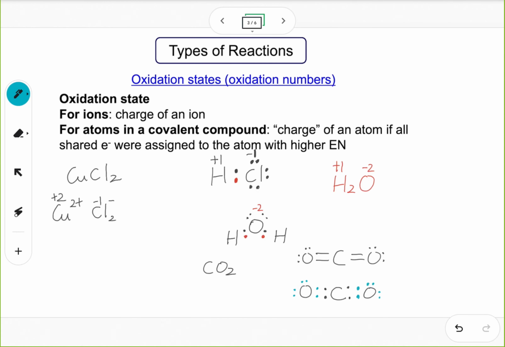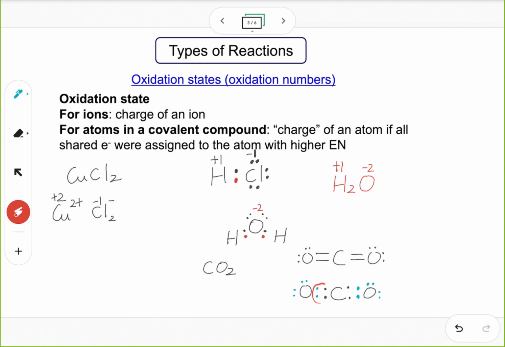Now let's take a look at this structure. According to the description here, we will assume that those 4 electrons belong to oxygen only, since oxygen has higher electronegativity. Before the formation of the carbon-oxygen double bond, oxygen has 6 electrons.